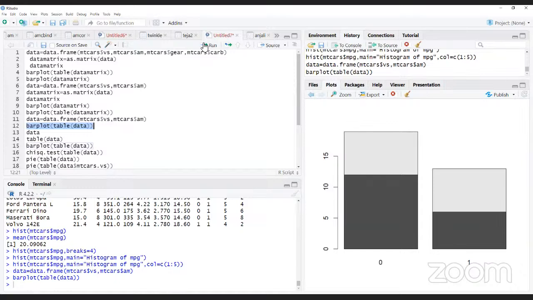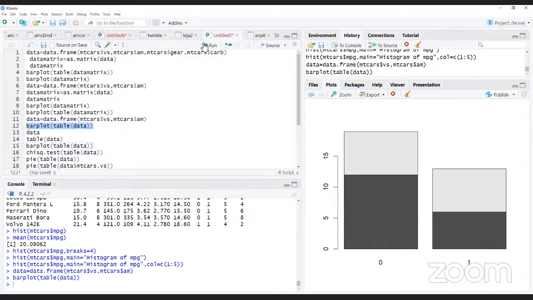Okay. Now here you can find two sets of categorical data. One is the VS, another one is the AM. Okay.